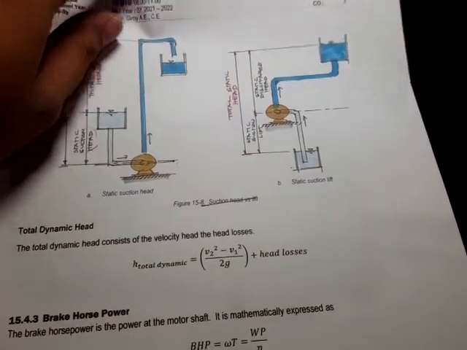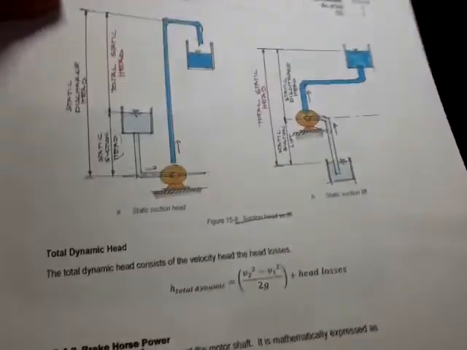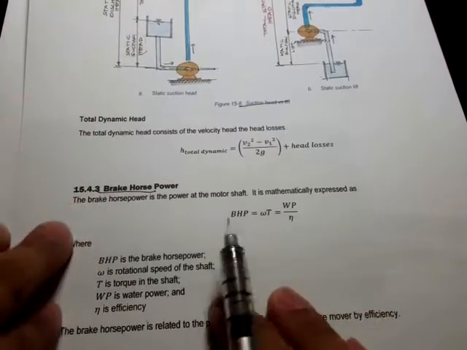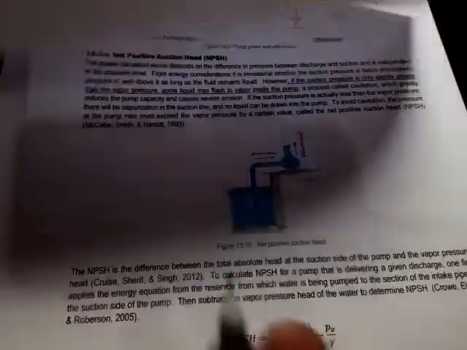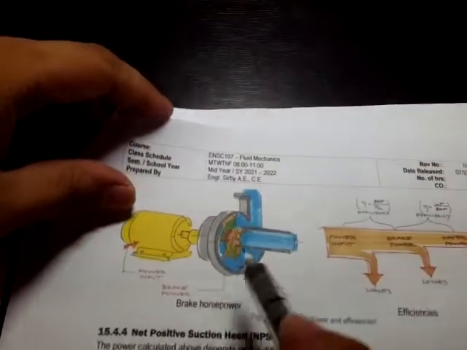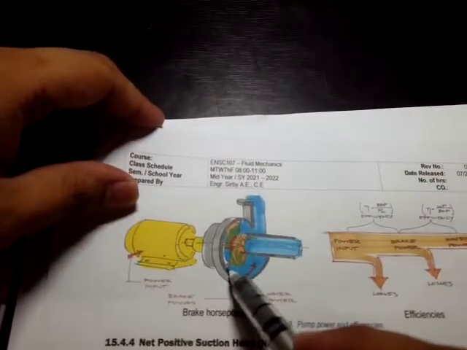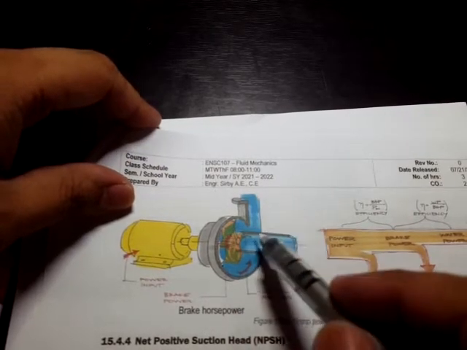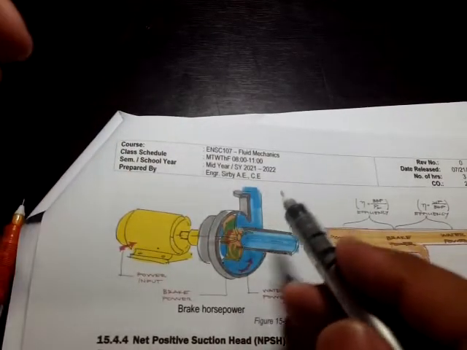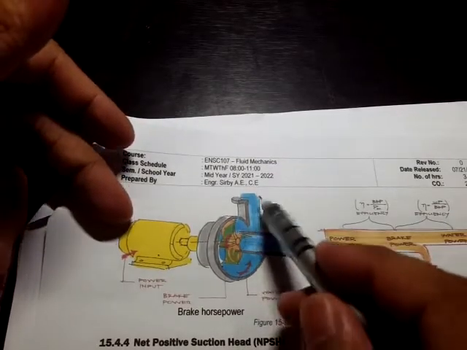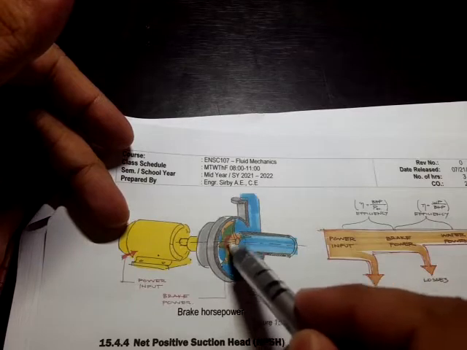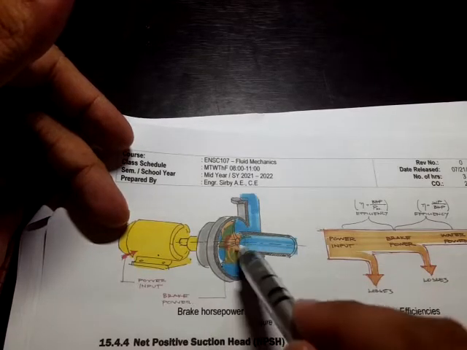And moving on, we have the brake horsepower, which is simply the horsepower at the shaft of the impeller. Right here, let's say we have this electric motor, here's our pump, and here's our impeller. The water power is the power transferred, or the energy transferred, to the moving fluid, whereas the brake horsepower is the power available at the shaft of the impeller.